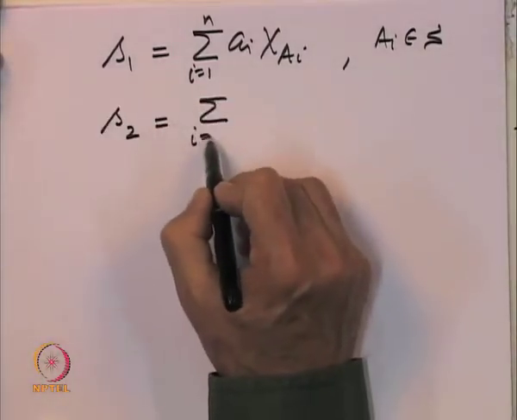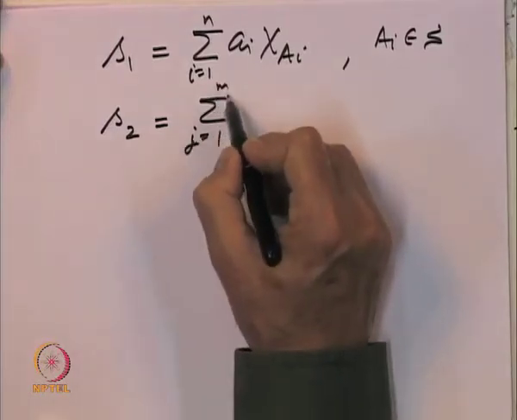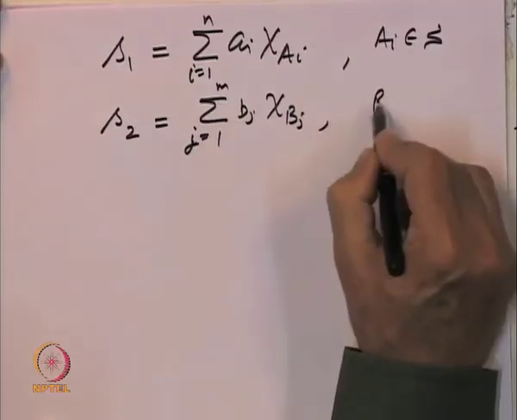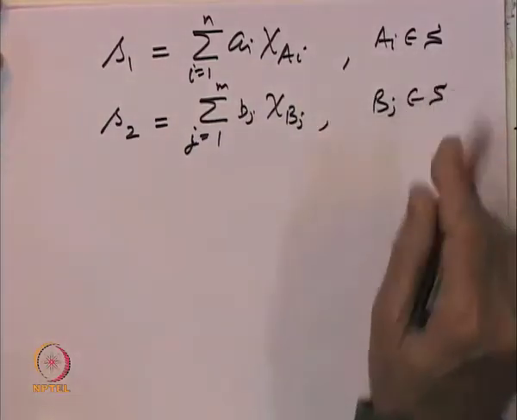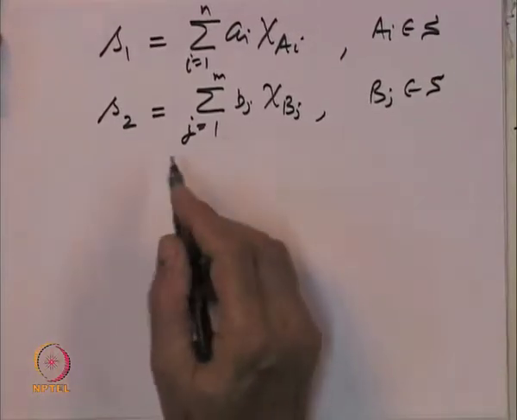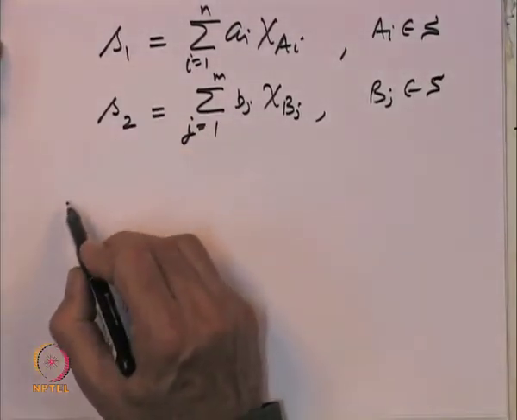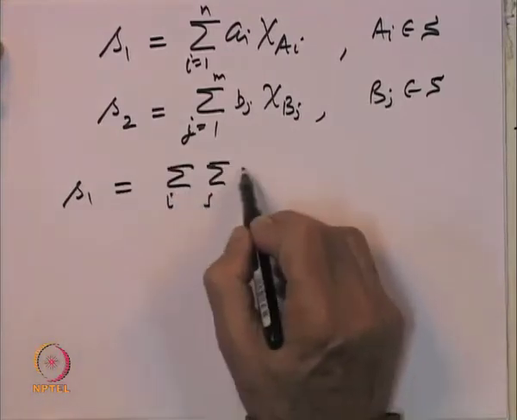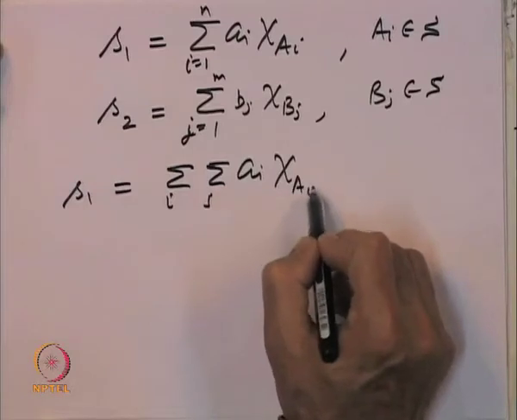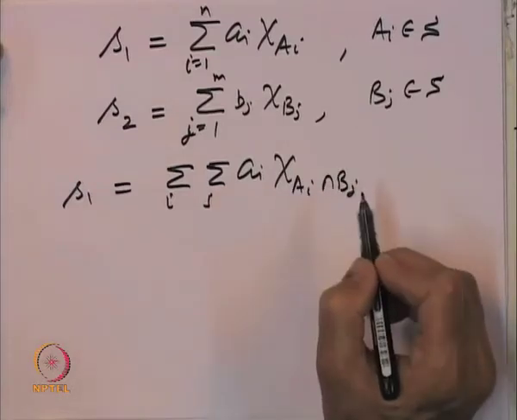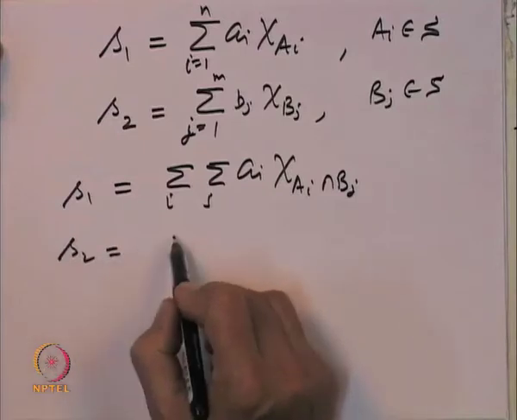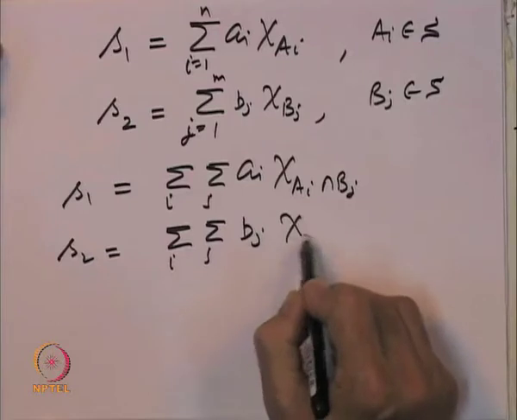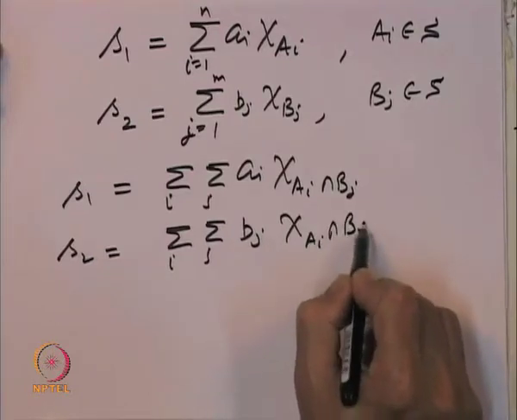So, let us write S_2 as sum over j 1 to m of b_j chi of b_j, where b_j's belong to S. And now, we bring them to common sets as before. So, let us write S_1 as sigma over i, sigma over j, a_i chi of a_i intersection b_j, and S_2 equal to sigma over i, sigma over j, b_j chi of a_i intersection b_j.